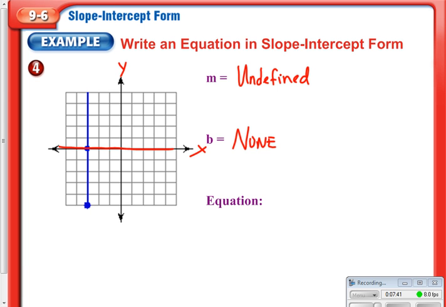Here is my x-axis. From my origin, I went over 1, 2, 3. When I move to the left, that is negative 3. It crosses the x-axis, so x equals negative 3 would be the equation of that line. This will conclude 9-6.2 writing equations in slope-intercept form.